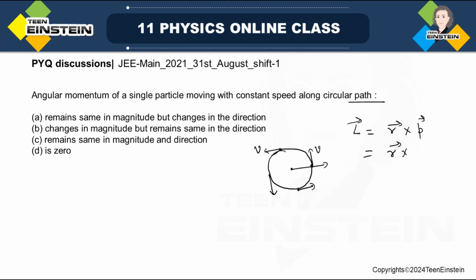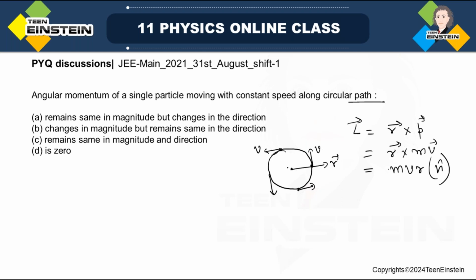See, p and r are always perpendicular to each other. That means the angle between them will be 90 degrees, so mvr sine 90 degrees.